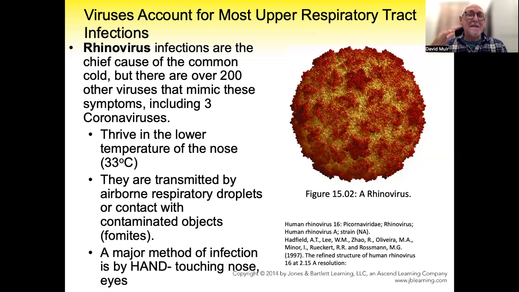The common cold is extremely easily spread. It is spread largely by airborne respiratory droplets, but it is also spread by fomites. So the subway pole, table, lunch table, many of these viruses can last for a very long time on a surface like that.